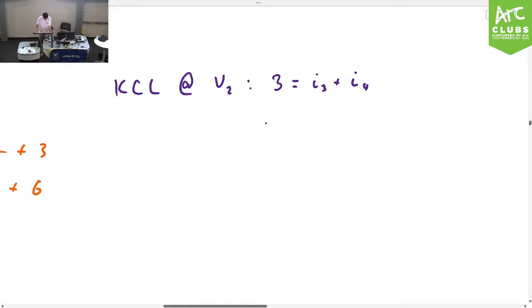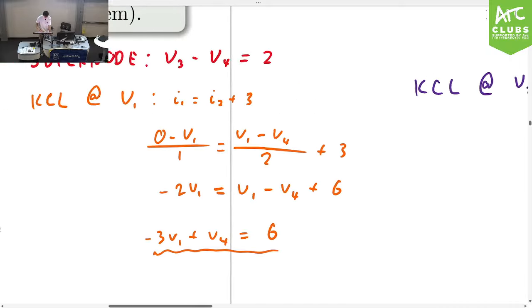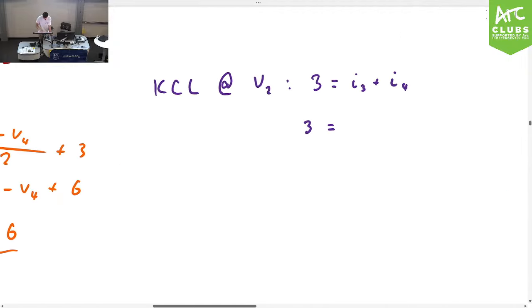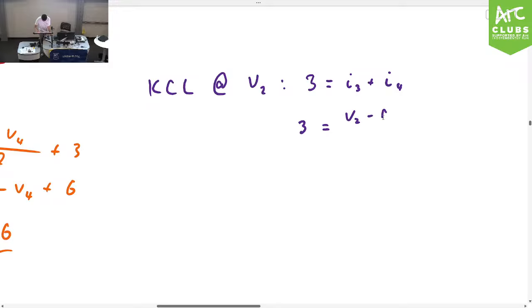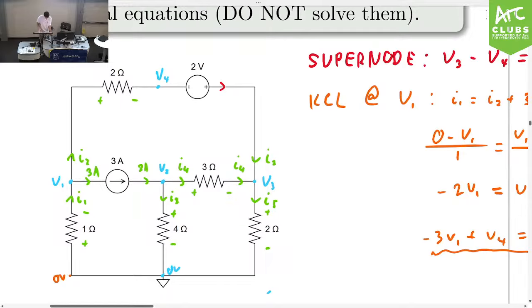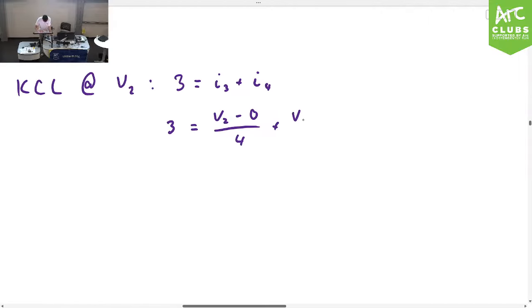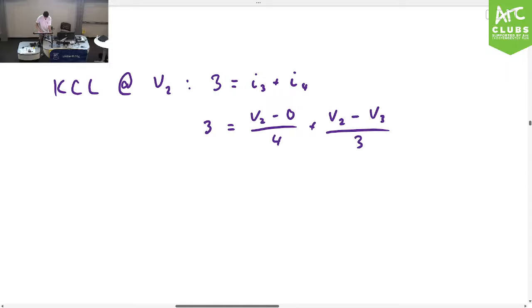Okay, and then we do the same thing. We can rewrite I3 as V2 minus 0 over 4. And then same thing for I4, we can do V2 minus V3 over 3 ohms. Okay, and let's simplify it.